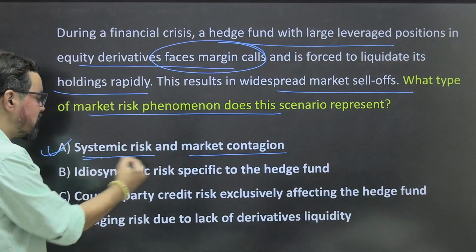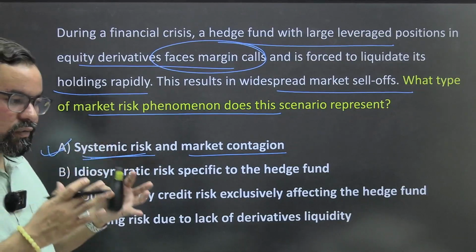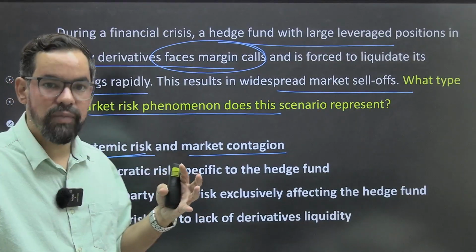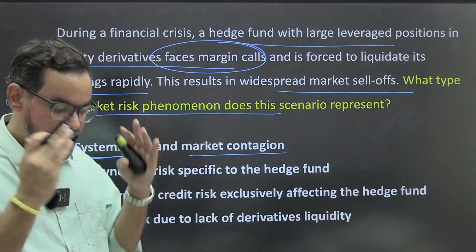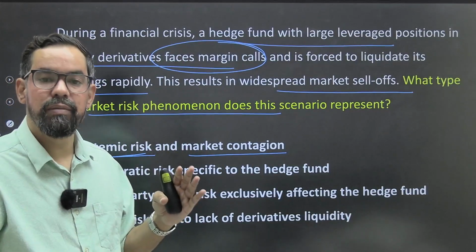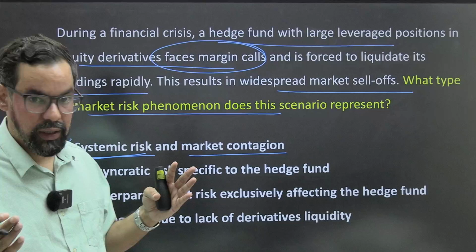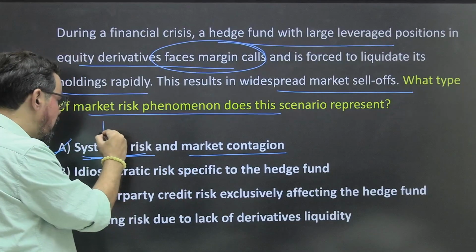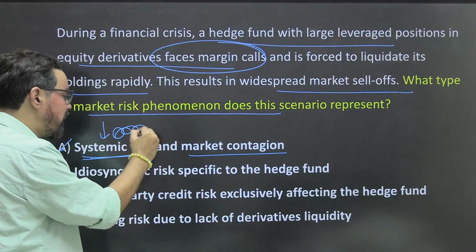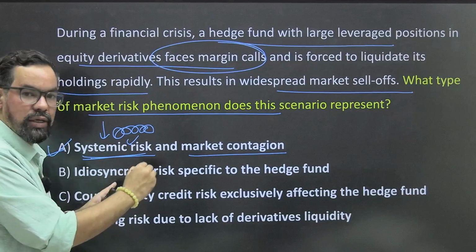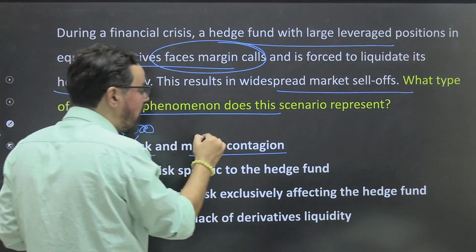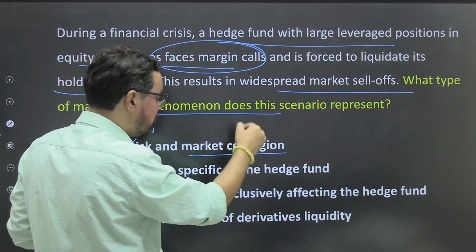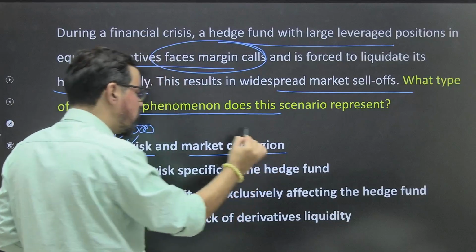Systemic risk is basically failure of one institution leading to failure of multiple institutions, or failure of one market leading to failure of multiple markets. So that failure of one which creates a ripple effect in the market is systemic risk, and it affects other markets also.